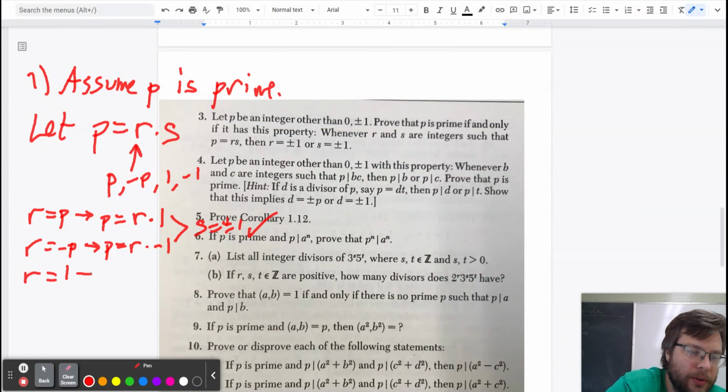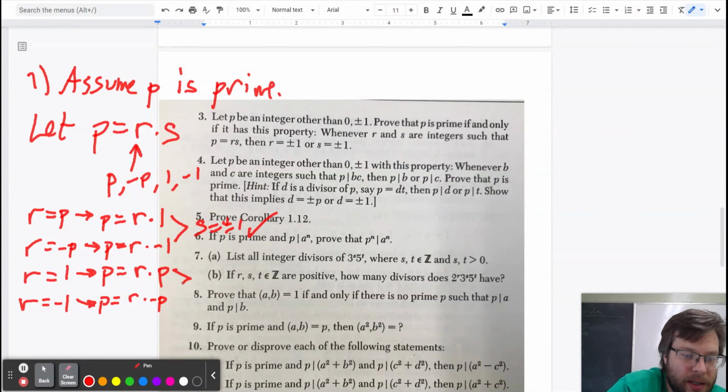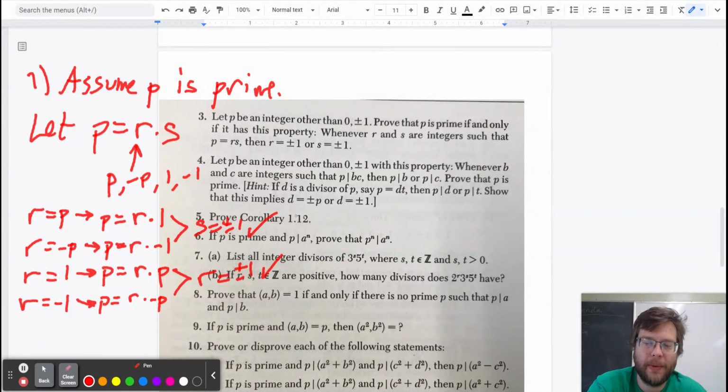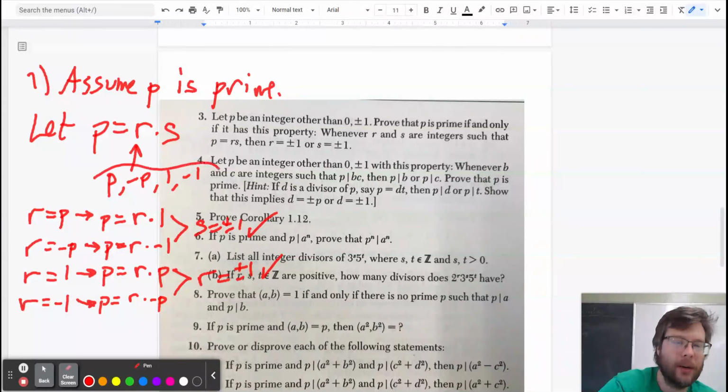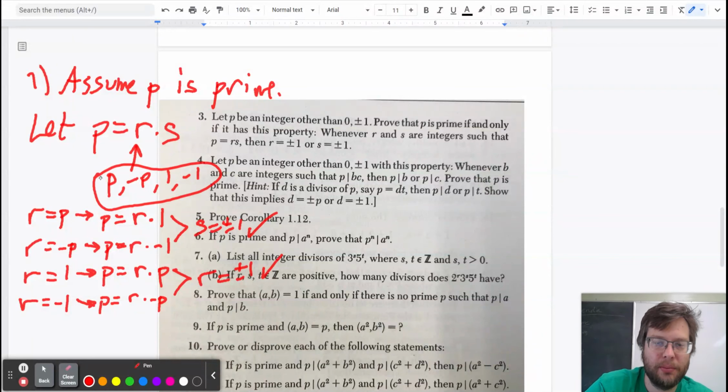If r equals 1, then p equals r times p. And if r is equal to negative 1, then p equals r times negative p. And in each of those cases, r is equal to plus or minus 1. And so that checks it off and proves that those are the only possibilities because p is prime. And so we knew that it would either be one of these four factors. That's the definition of prime.